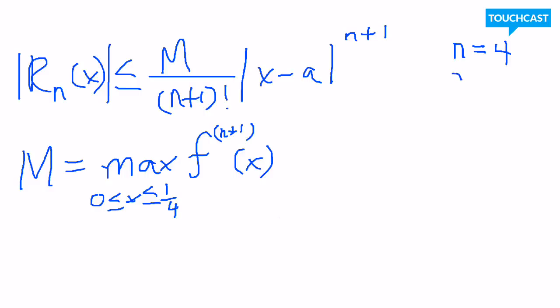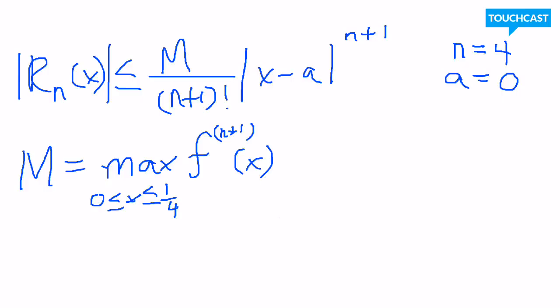A is 0 because we've been told our Taylor series was formed about x equals 0. And x is the value we want to plug in and find a value of f for. So we were trying to find f of 1/4. That means at the end, we're going to want to plug in 1/4 for x.